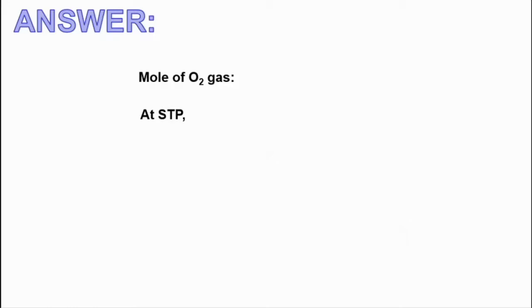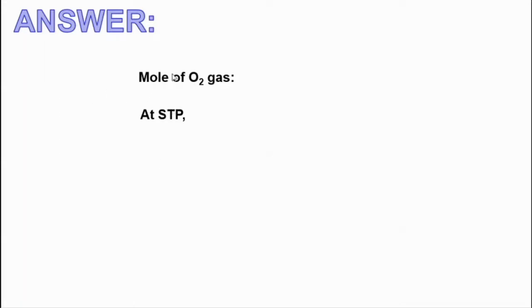At STP, 1 mole of any gas will occupy a volume of 22.4 liters. Remember, at STP, 1 mole of any gas occupies 22.4 liters. Now let's get back to this question.